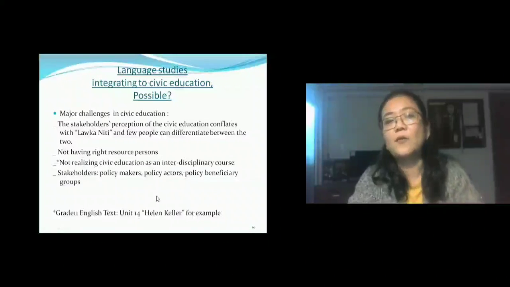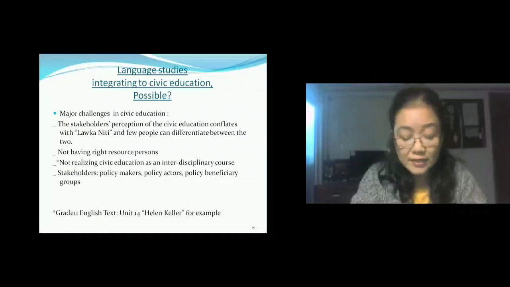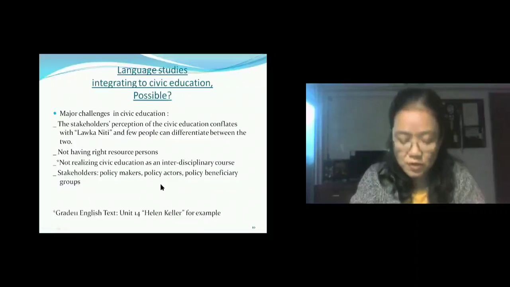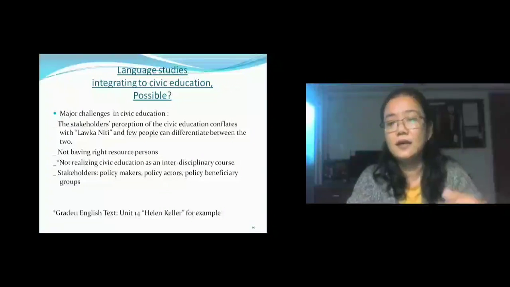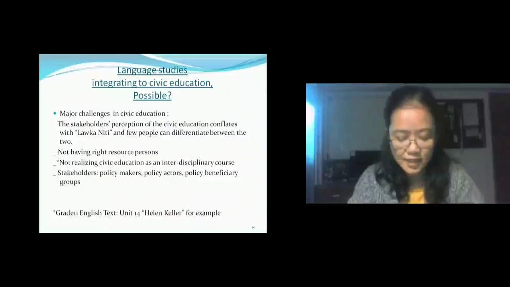If we look at the question again, is it possible? Personally, I believe that yes, it is possible, if we can find ways to face these challenges. Yes, we can integrate it successfully.